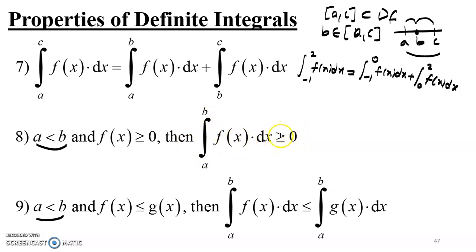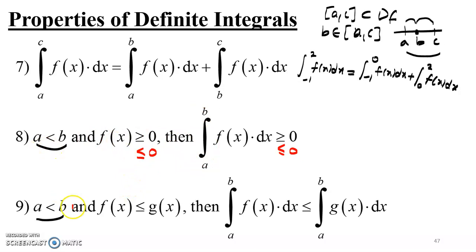You will end up having a positive value when you evaluate this integral. Similarly, if the function is negative, the integral of f of x between A and B will give you a negative value, and that is true when the lower bound is smaller than the upper bound.